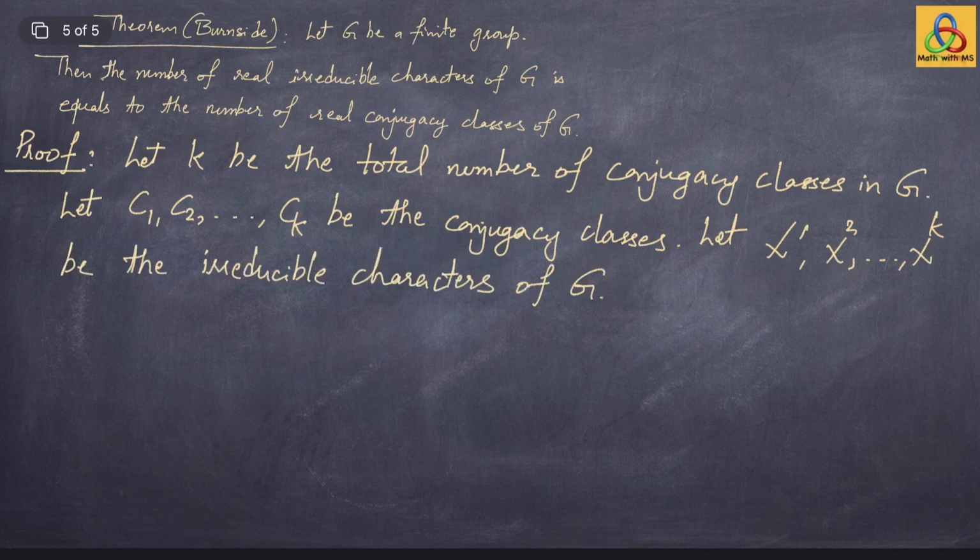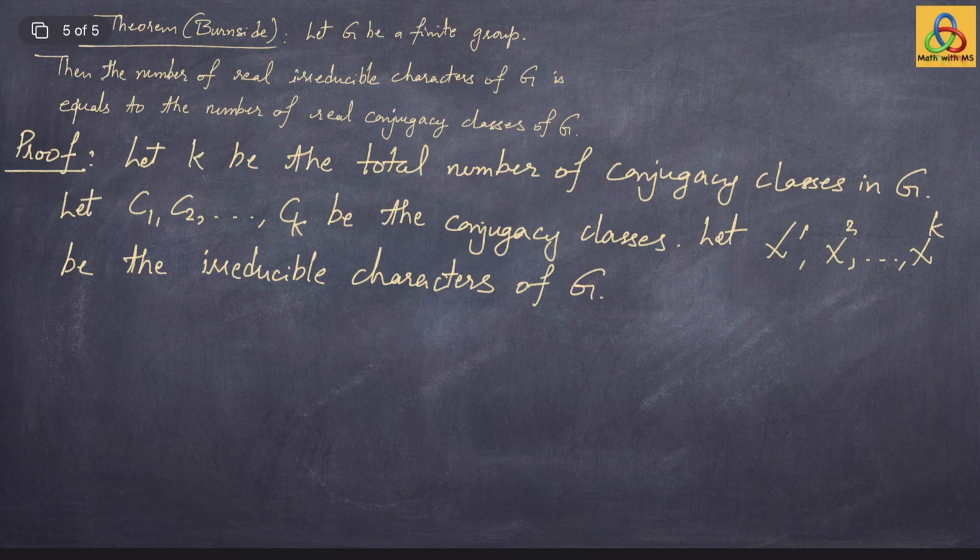Recall that we have defined two operations, one on the set of all conjugacy classes and the other on the set of all irreducible characters of the group G. If you take any conjugacy class, then you can define its inverse, C inverse, which is again a conjugacy class, because if two elements x and y are conjugate to each other, then x inverse and y inverse are also conjugate to each other.